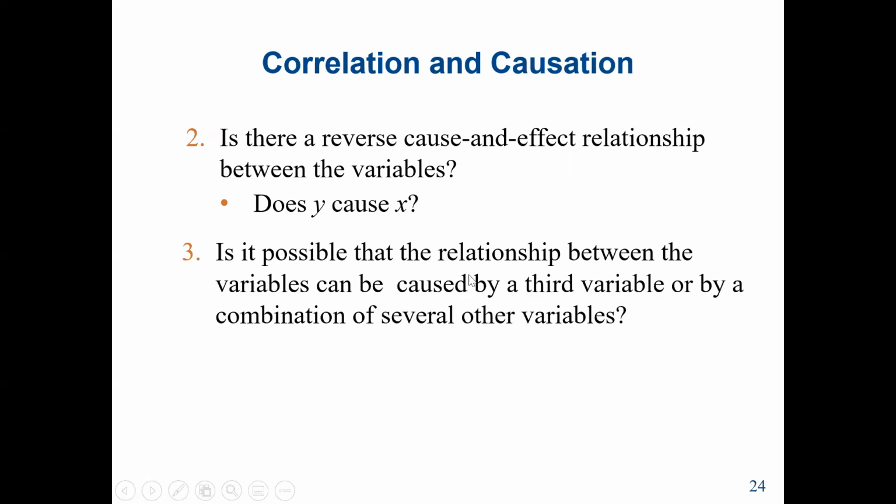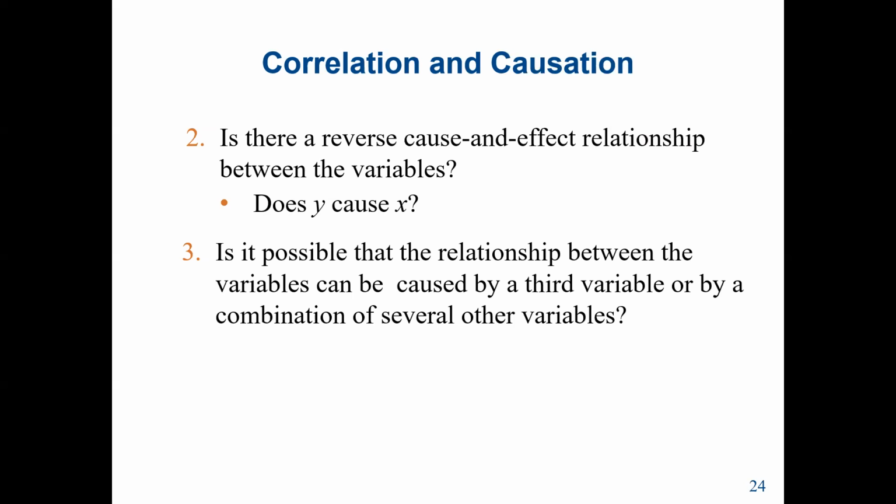Then, is it possible that the relationship between the variables can be caused by a third variable, which we mentioned as the confounding variable, or by a combination of several other variables? And this will lead us to multiple regression analysis, whereby we may have more than one variable that determines the dependent variable.